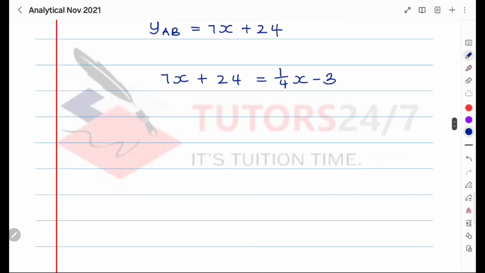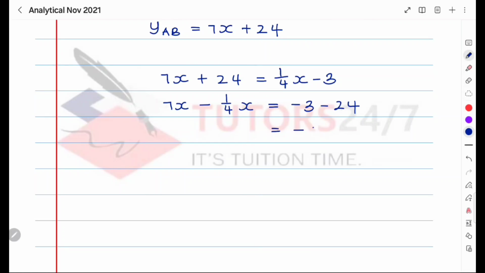From here, we are going to solve for x. So we're going to take a quarter x to the left. So 7x minus a quarter x is equal to -3 minus 24.